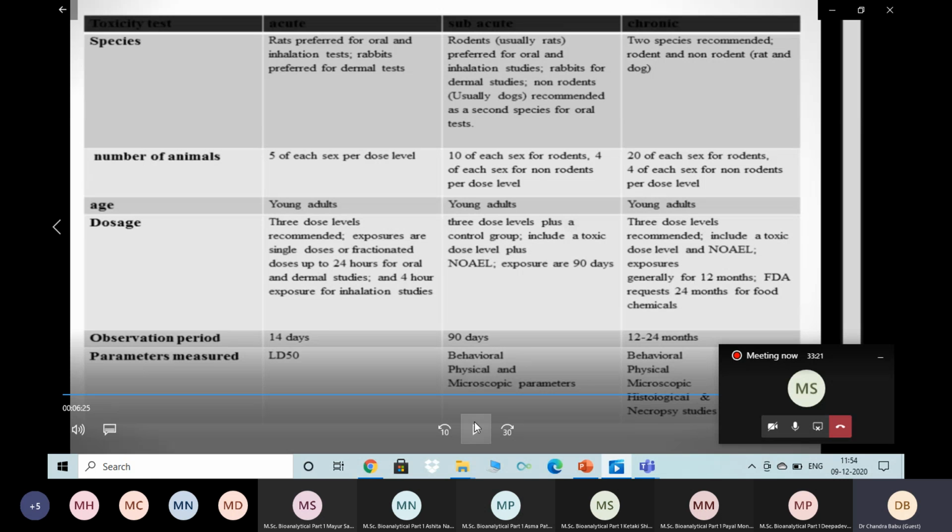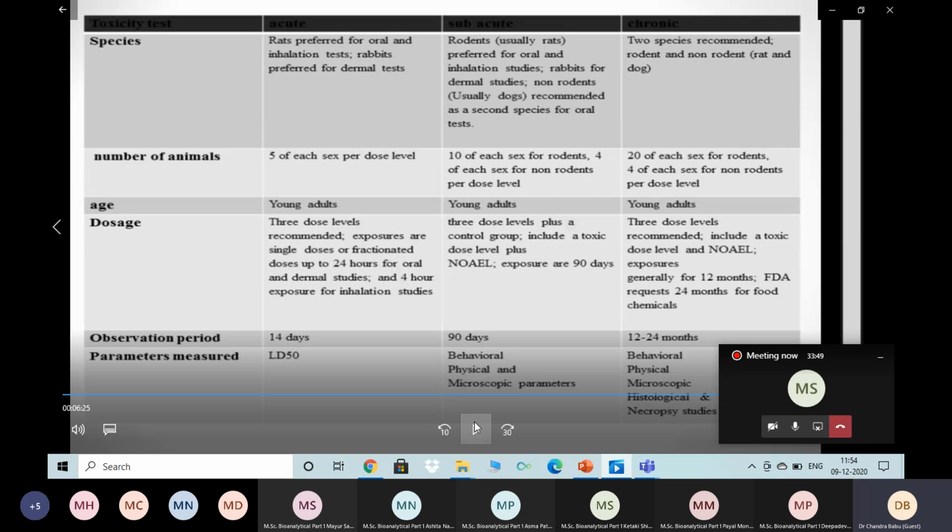And non-rodents, usually dogs, are recommended as a second species for oral tests. But you can't use dogs for inhalation studies because it's very difficult. They are the most sensitive in terms of nasal inhalation parameters, so they may not be very conducive and compliant to it. The number of animals you are seeing is 5, 10, and 20.